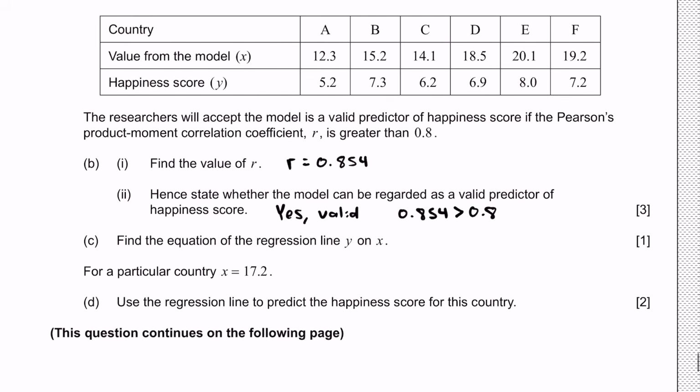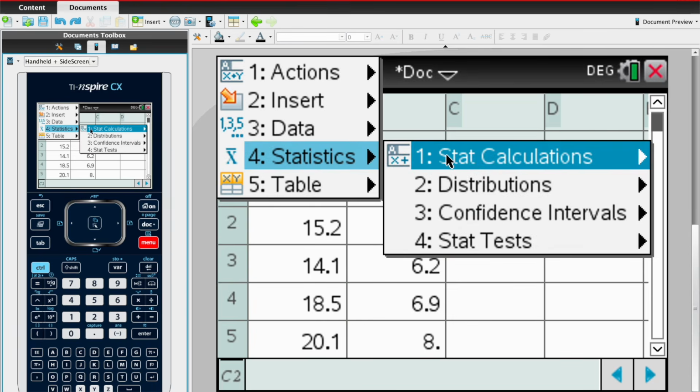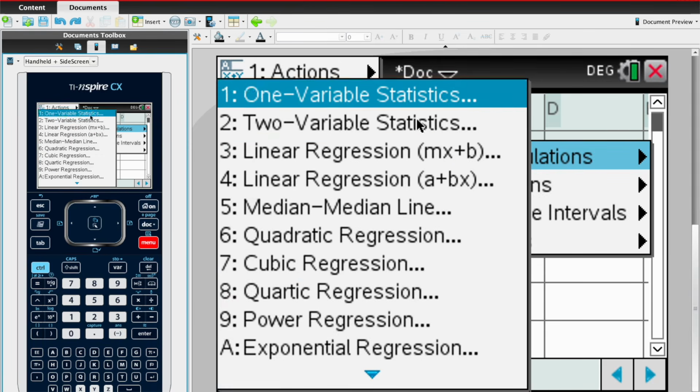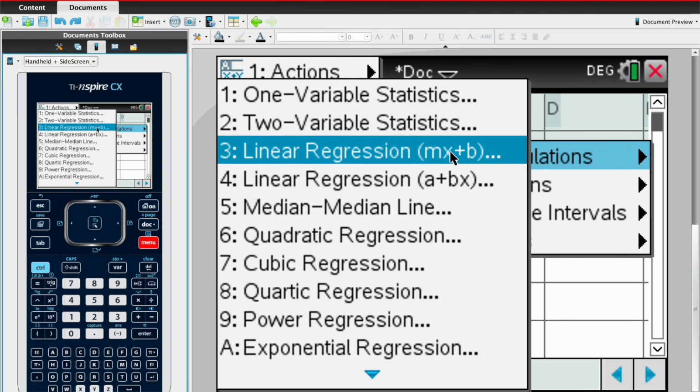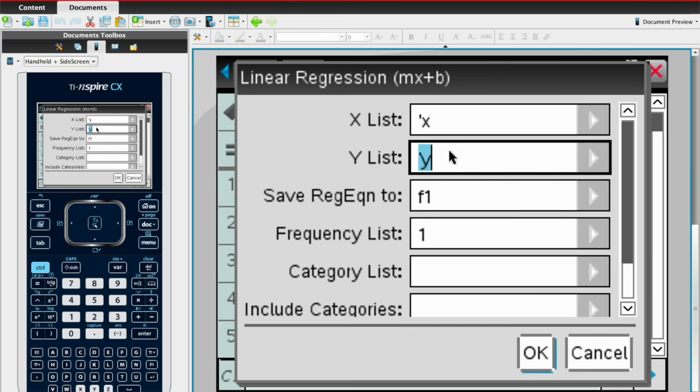All right, part C, find the equation of the regression line, y on x. Again, fairly straightforward. Let's go back to the document and we'll run a linear regression. So here we are, menu, statistics, stat calculations, linear regression, y equals mx plus b. X and y.